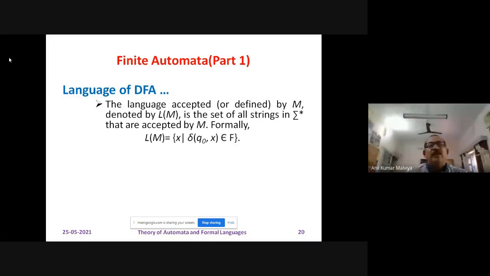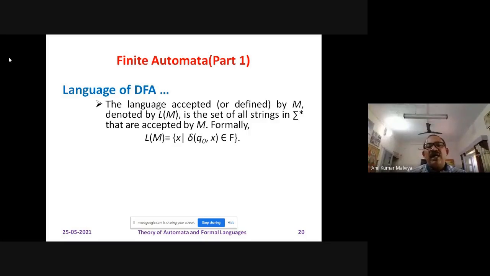Now, the language of a deterministic finite automaton is the set of all words x. Now we are in a position to define the language of a DFA. What is the language of a DFA?